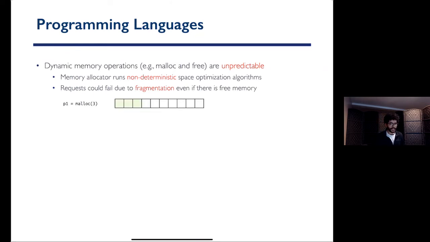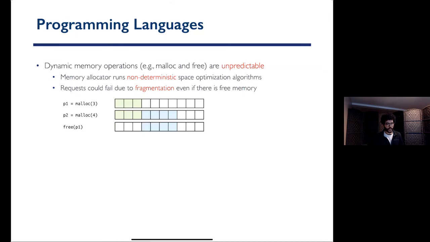So here's an example, right? You allocate 3, then you allocate 4, then let's say you free P1, and then you want to now allocate 4 bytes. Now, you can see here, I don't have 4 bytes in contiguous memory.